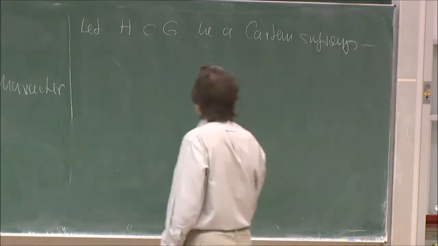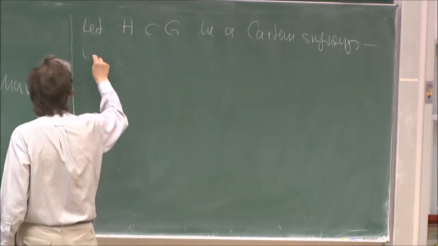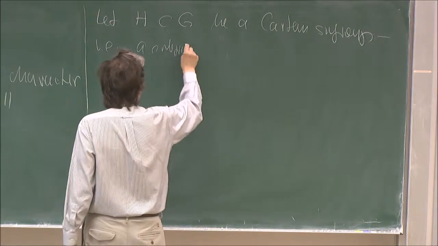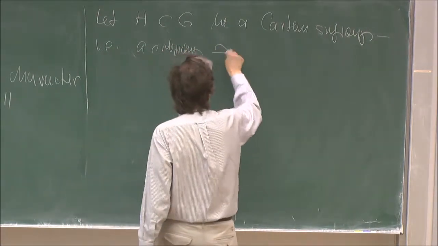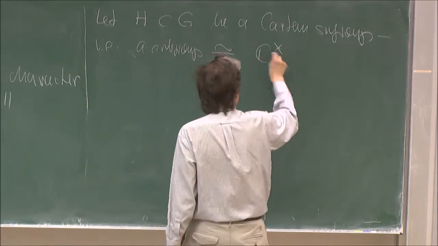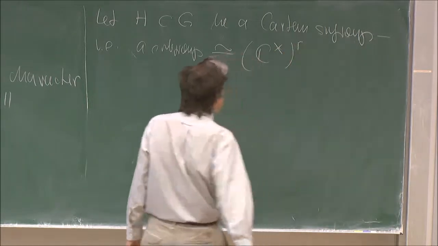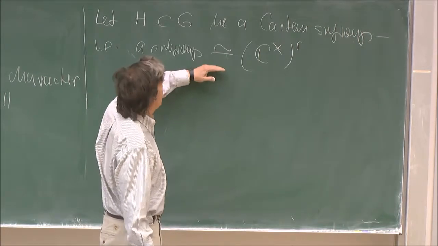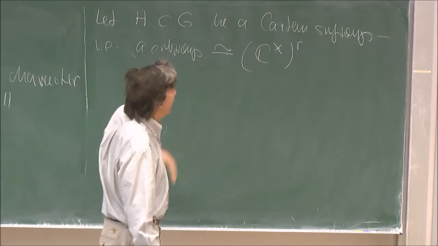And what does that mean? In other words, a subgroup isomorphic to C star to the R, as an algebraic subgroup of G, with R maximal.